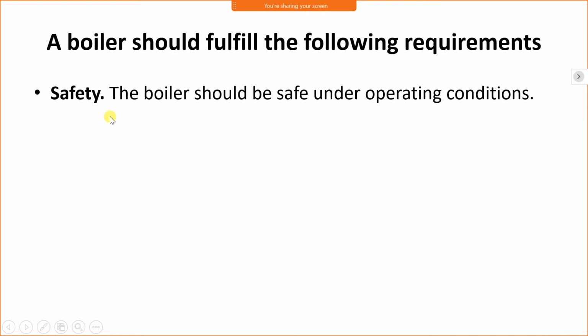Therefore, repairing, maintenance and checking is very important in the case of a boiler. The boiler should be safe under operating condition. You need to check whether the boiler is operating under safe conditions and under the desired parameters.